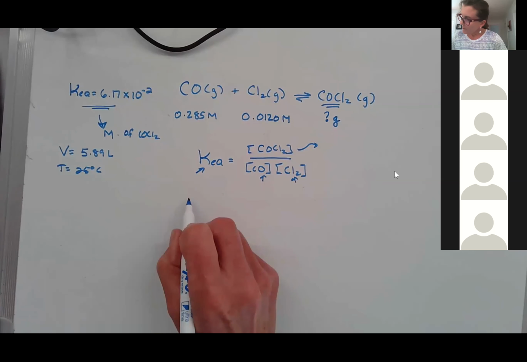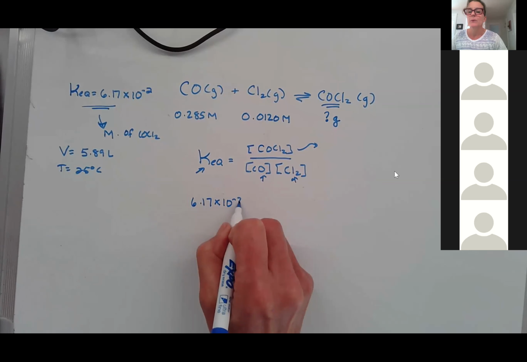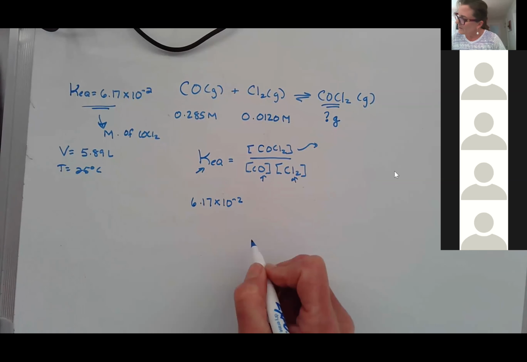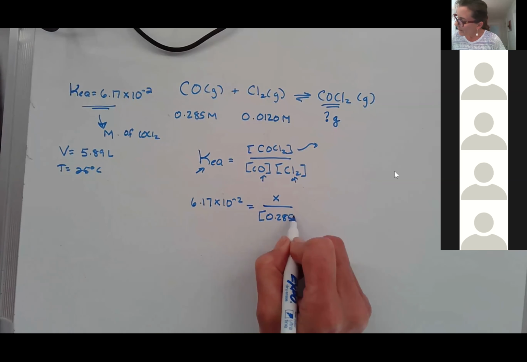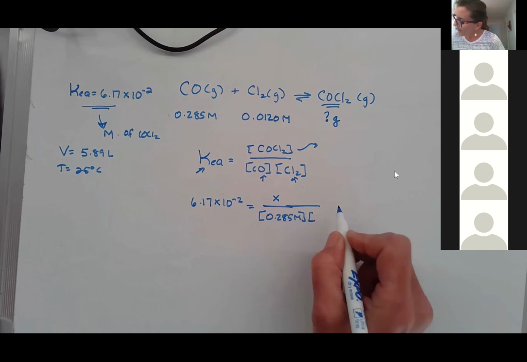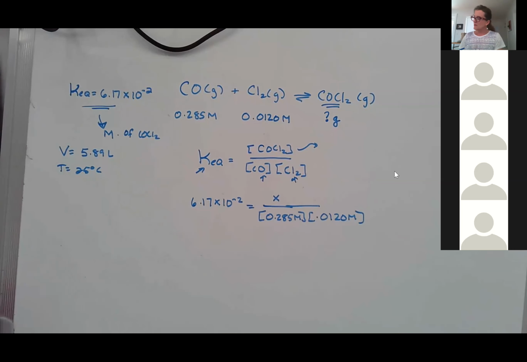So 6.17 times 10 to the minus 2 is equal to x divided by 0.285 molar times 0.0120 molar of the chlorine gas.